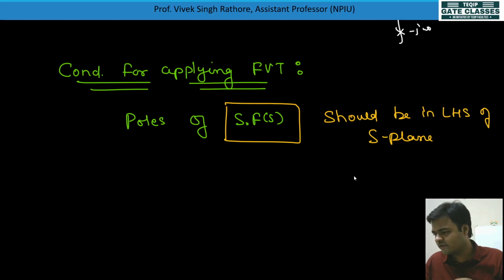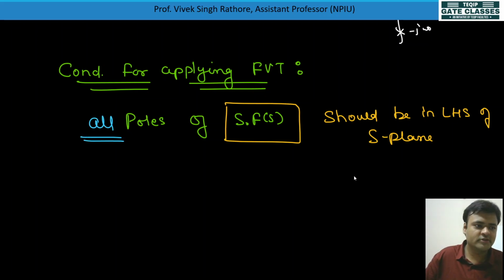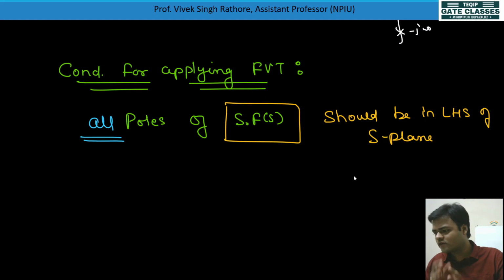for applying the final value theorem. The final value theorem can be applied if all poles of s into f of s lie in the left hand side of the s plane.